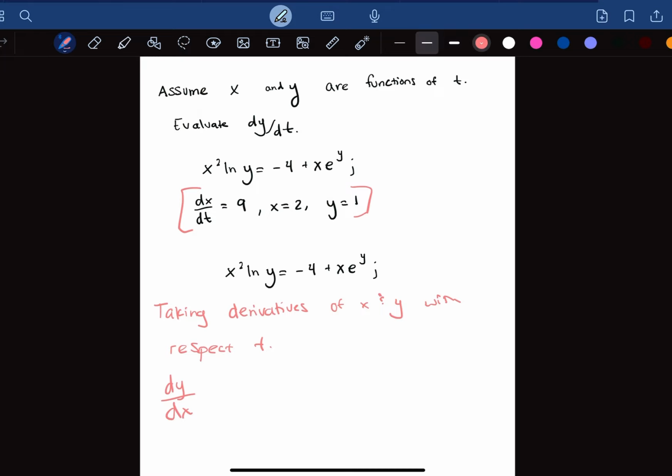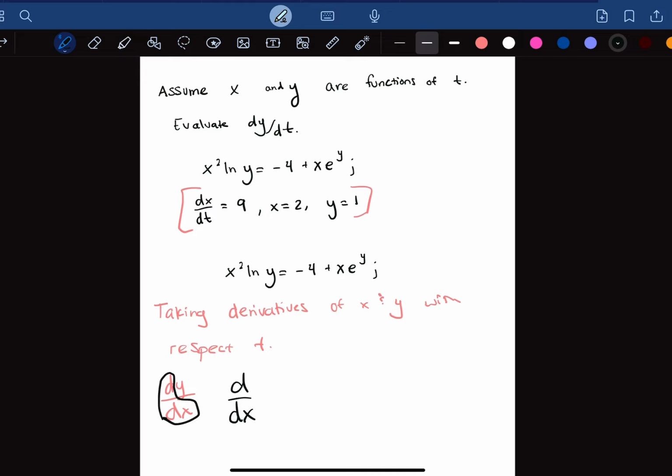That means d over dx is your normal derivative, and d over dx is a derivative of x. But you have this y in here, saying that you're taking a derivative of y with respect to that x. So every time you have a derivative of y, you have to tack on that dy dx, and every time you have a derivative of x, you just keep it as a normal derivative.